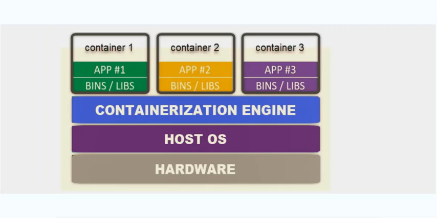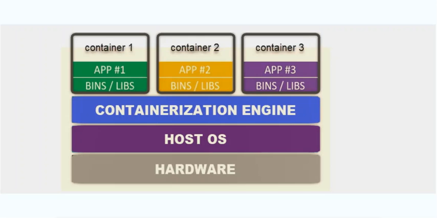Instead, over here we have something called the containerization engine. This is basically a container daemon process that actually runs and makes container creation possible. So this is the container engine. It's again a very light engine that runs on top of the host operating system.